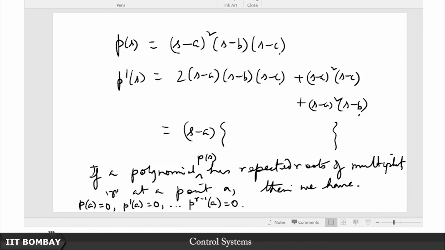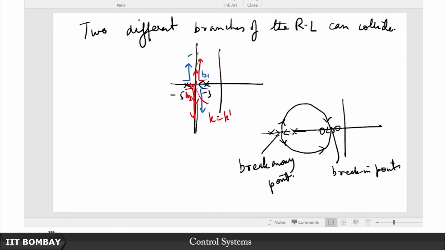What have we just observed? After all, a breakaway and break-in is when at least two branches come in and collide at a point. What does that mean? This branch starts at k equal to 0, comes in here at some k equal to k dashed.